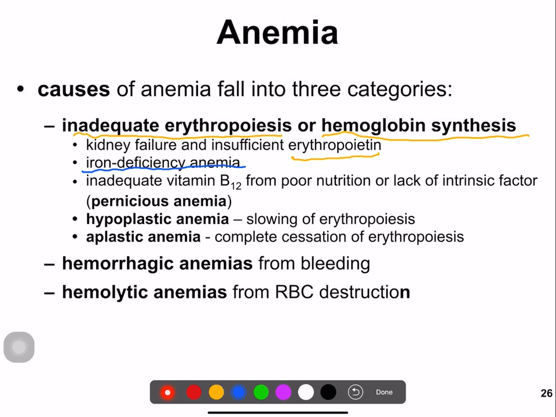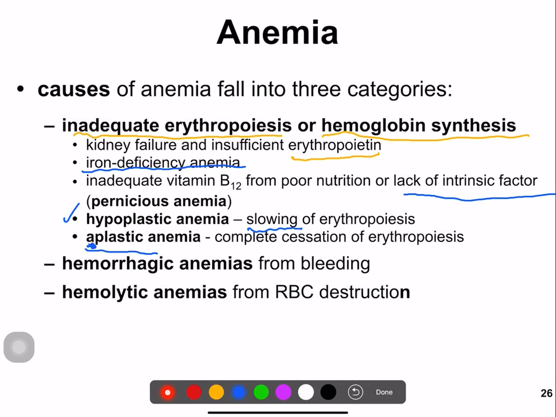Also, inadequate levels of vitamin B12, poor nutrition, or the lack of something called intrinsic factor. And we're not going to go into great detail of its role right here. We could also have categories which were hypoplastic anemia, which is a slowing of red blood cell production, or aplastic. See the word aplastic.